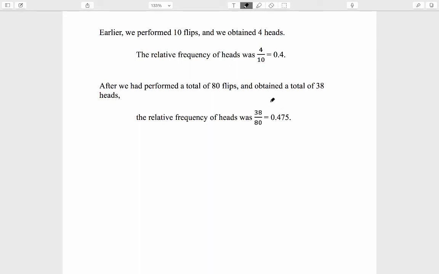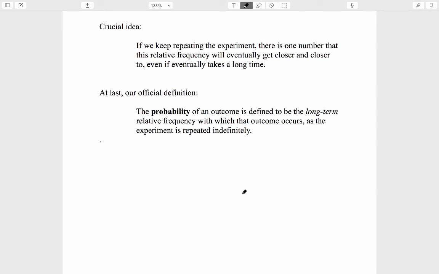As we repeated the experiment of flipping more times, we collected more data, and the fraction of the time that heads was occurring changed. The crucial idea in this subject is that if we keep repeating the experiment, there is one number that this relative frequency will eventually get closer and closer to, even if eventually happens to take a long time.